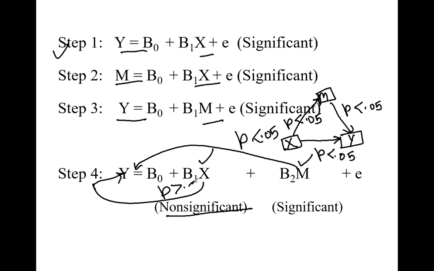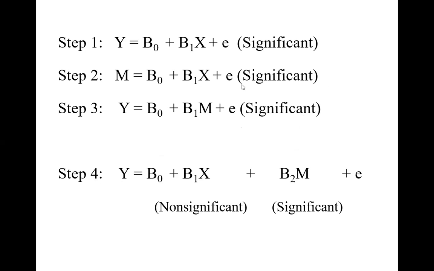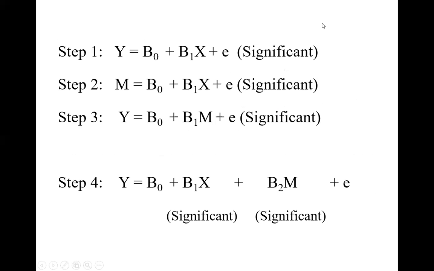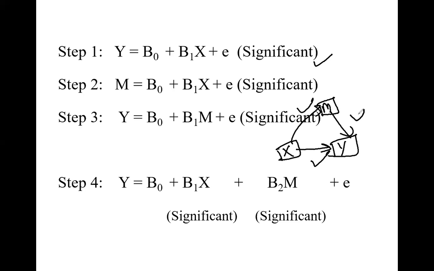Okay, 0.05. Second case, partial mediation. What is partial mediation? See, Y and X and M. This is the mediator variable. This should be significant. This should be significant. This should be significant.